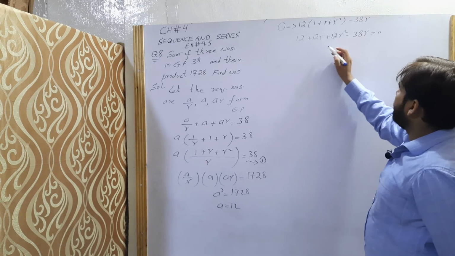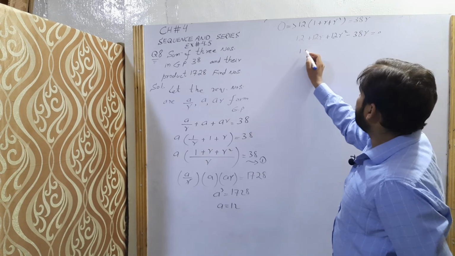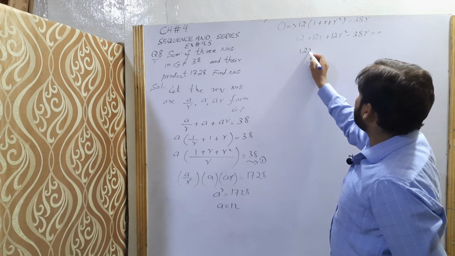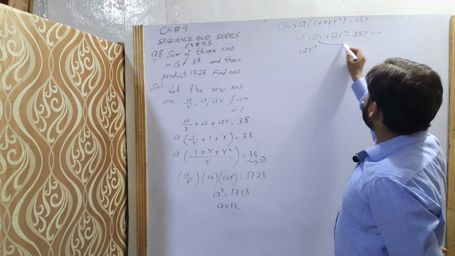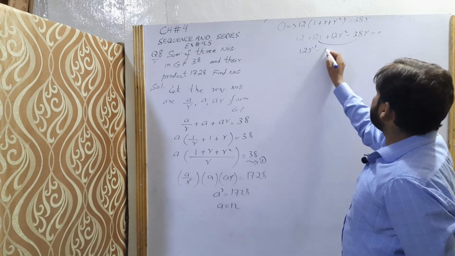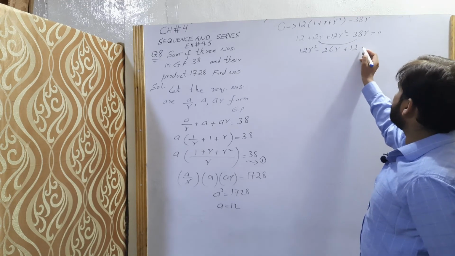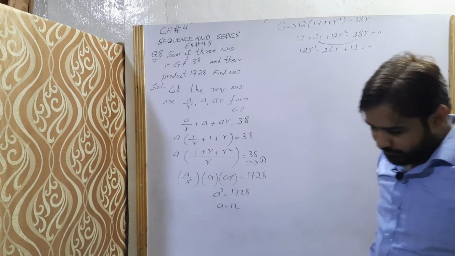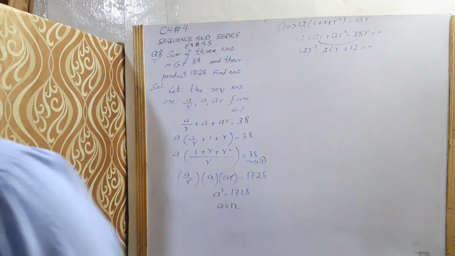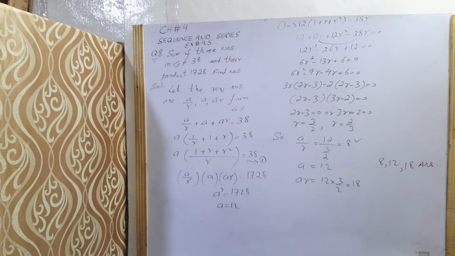Shift to the left side, so this is 12R^2 minus 26R plus 12 equal to 0. So simplify and get the values of R in this case.